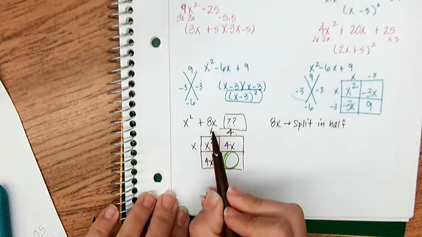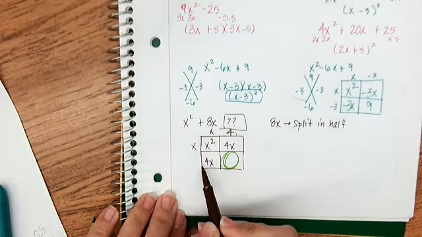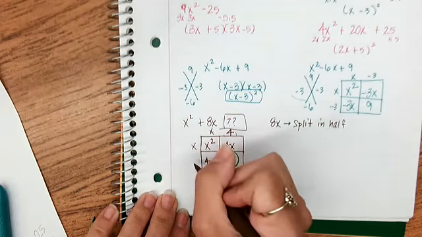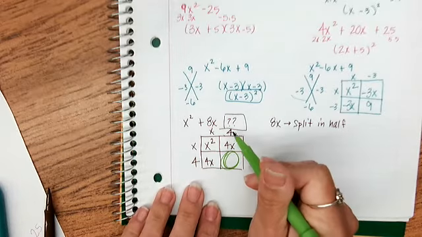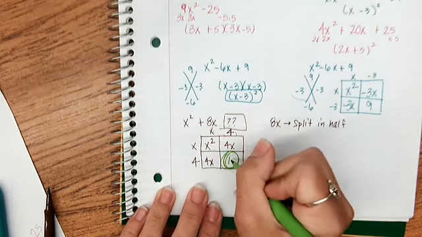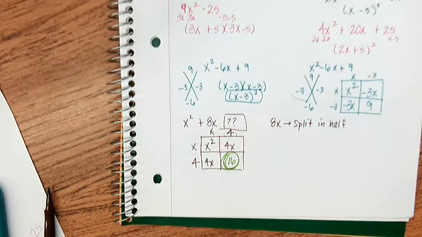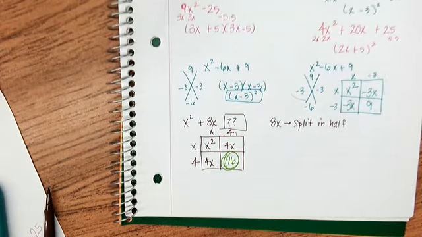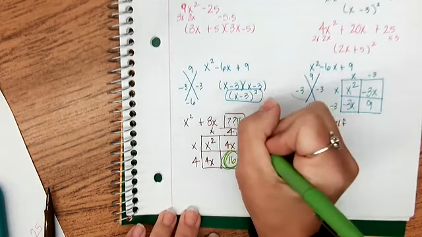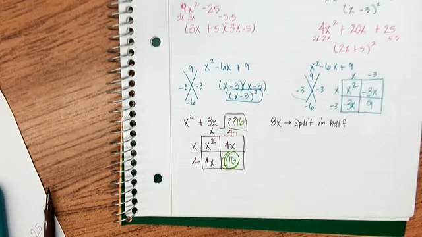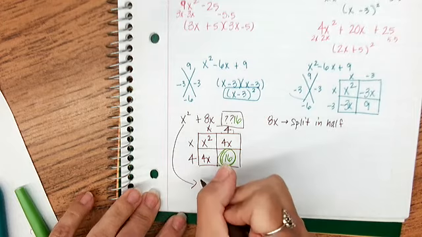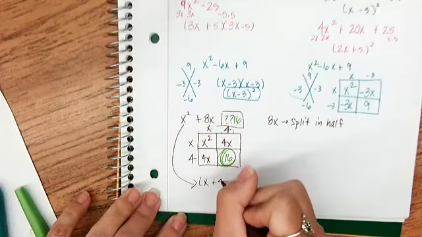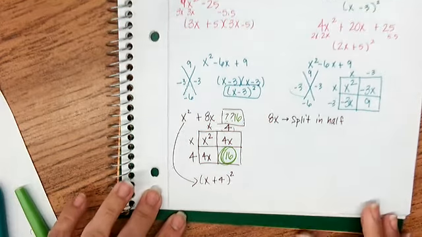And x times something here has to be 4x, and that's 4. What number needs to go here? 4 times 4, which is 16. That is called completing the square. So this big question mark would be x squared plus 8x plus 16. And it would factor perfectly as x plus 4 quantity squared.